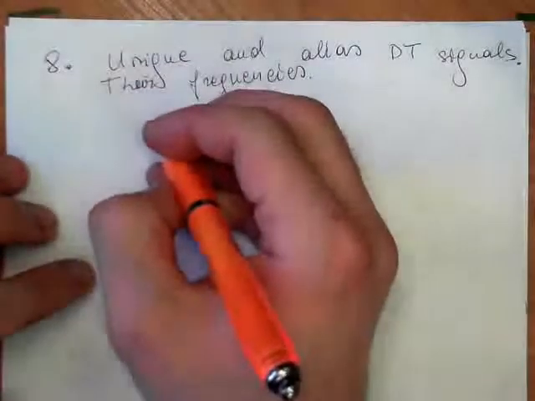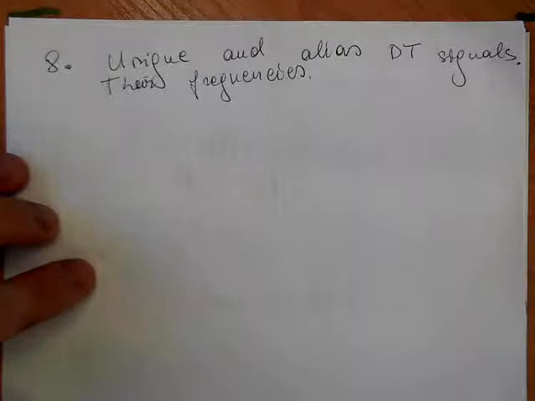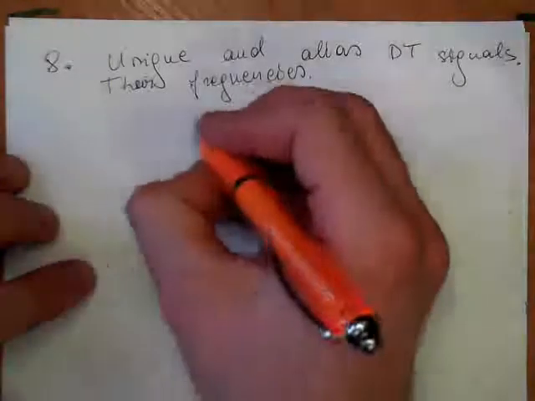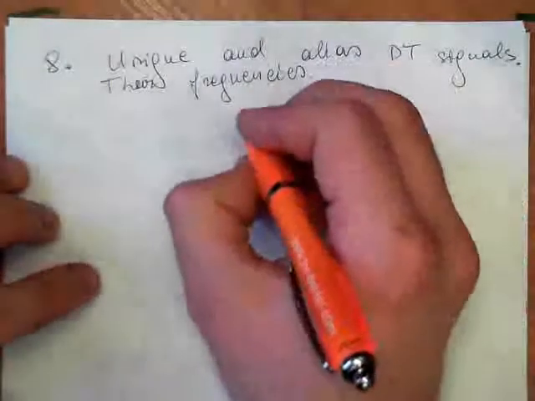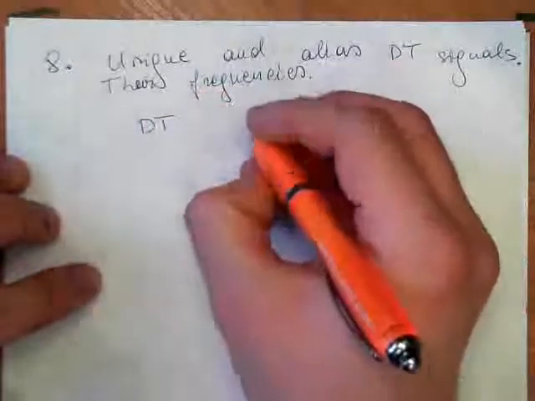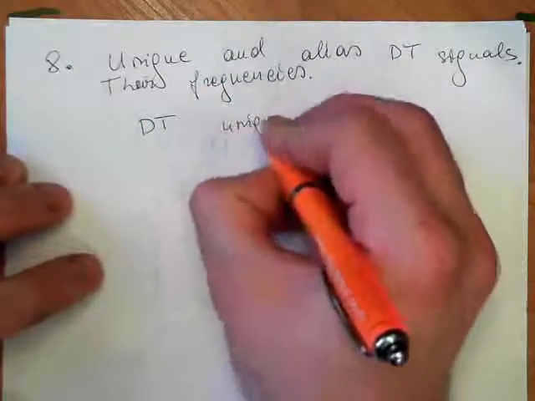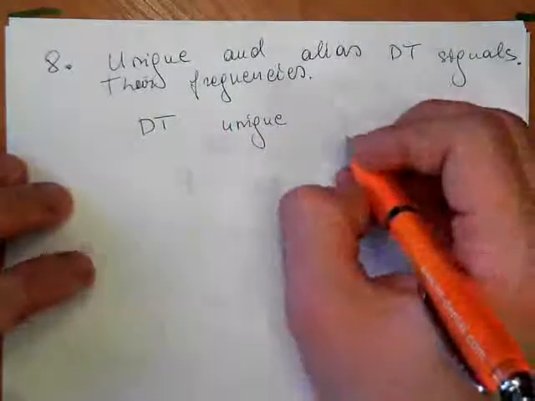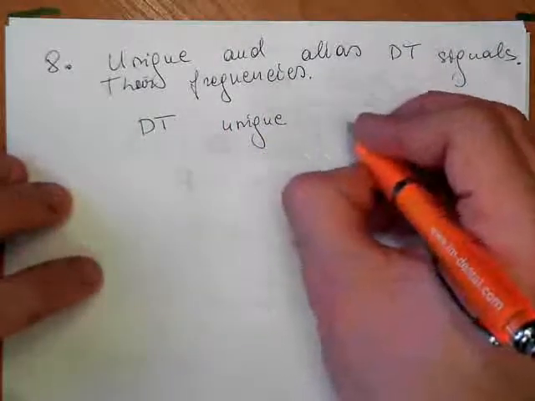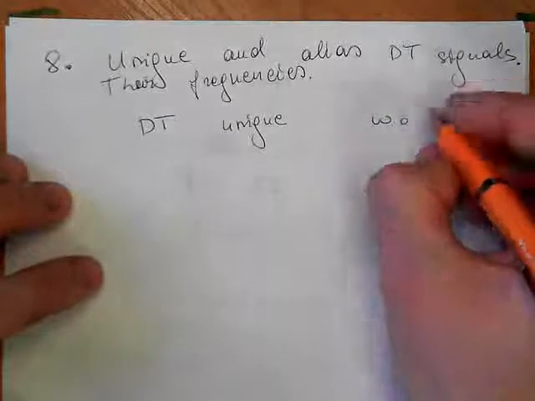What we have already discussed is that in discrete time, unique signals are the signals that have the frequency omega 0 between pi and minus pi.